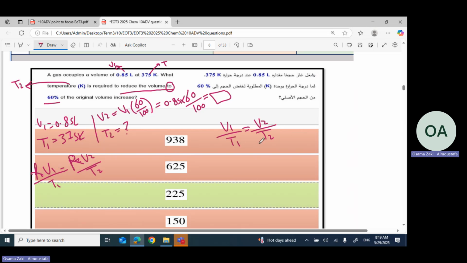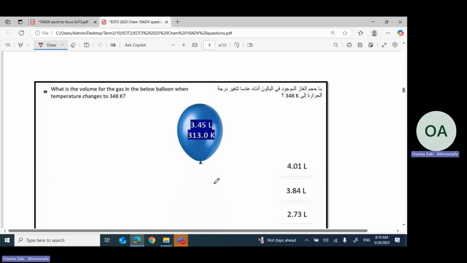So just substitute now. 0.85 divided by 375 equals V2 divided by T2. You can use the calculator to find this. Okay, here, this is V1, this is T1, because this is in liter and this is in Kelvin, and this is T2.